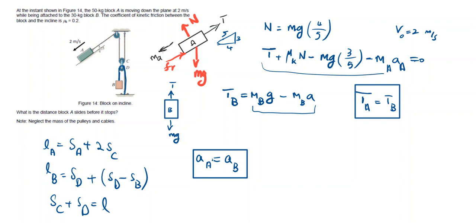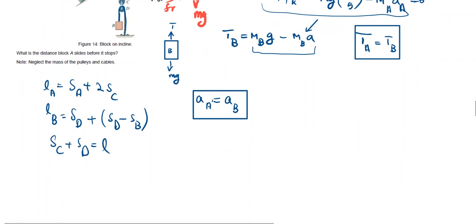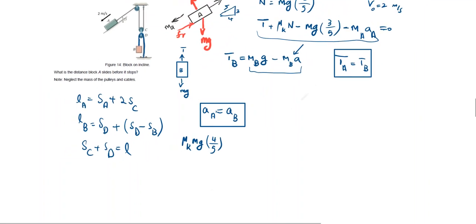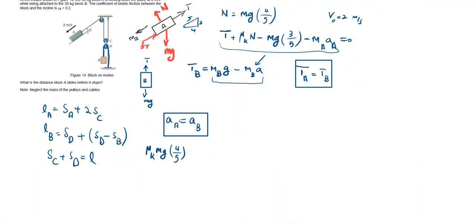So this value plus this value should be equal to 0, and from these two I will find the acceleration. The force of friction, which is mu k mg times 4/5, is what we have here.